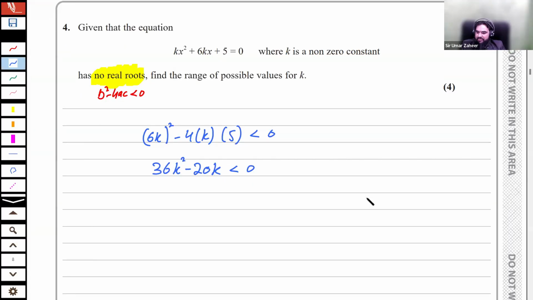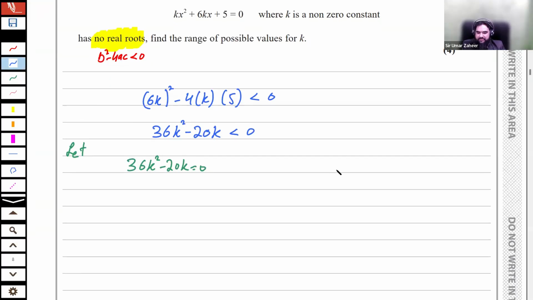Now to solve the inequality, the first step is to convert the inequality into the equation form. 36k² − 20k = 0. Now let's find the critical points. We have to take out what is common here.